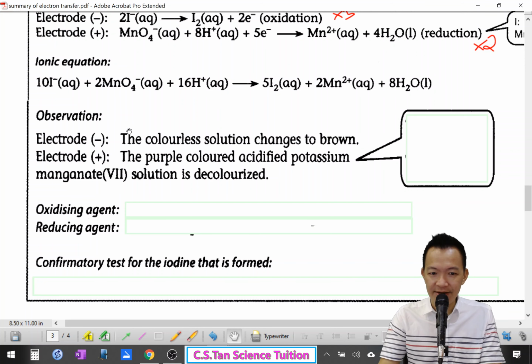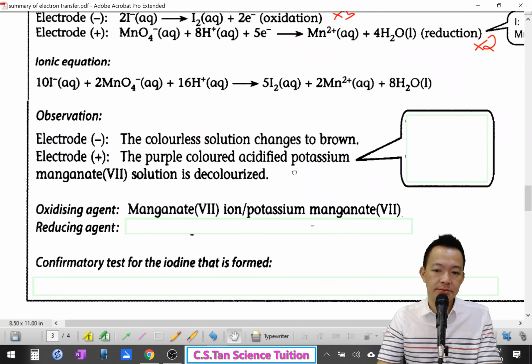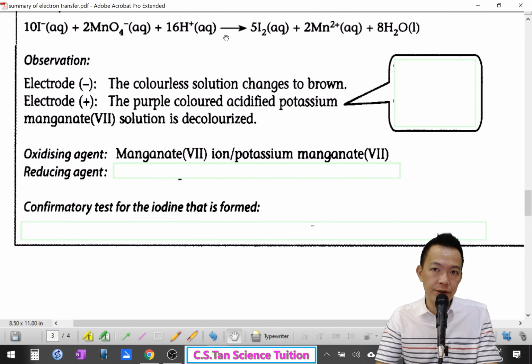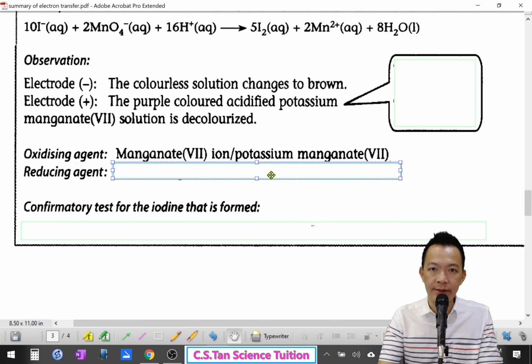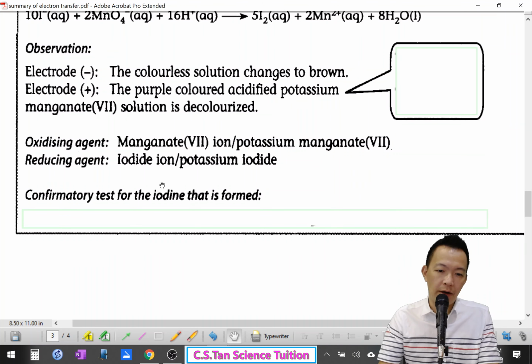Who oxidizes iodide to become iodine? Manganate. Reducing agent. Who reduces manganate into manganese? Okay, iodide. How to confirm that iodine is formed? Okay, brown color solution here. How do you know this is iodine? Why is it not iron 3?